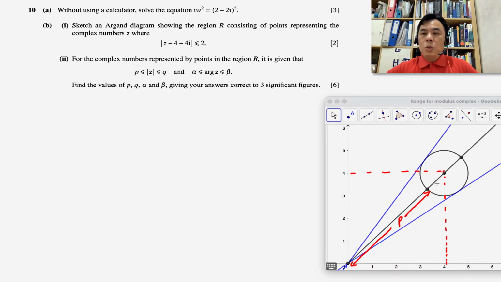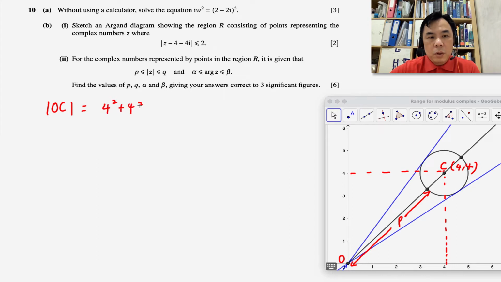To do that, we are going to find the distance from O until the center of this circle. I'm going to label that as C. The distance OC can be obtained quite easily. Because C here is (4, 4), the distance would be the square root of 4 squared plus 4 squared, and that would give us 4√2.